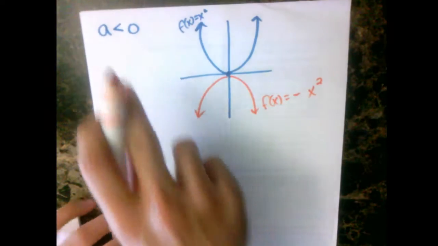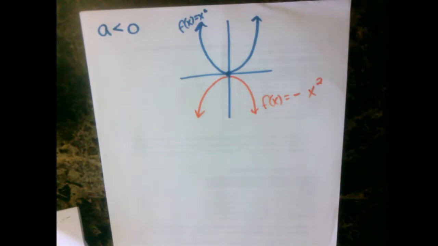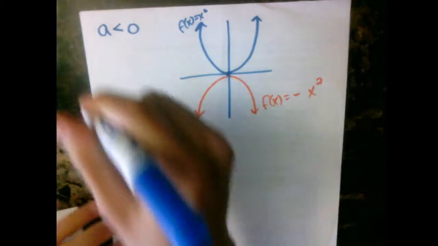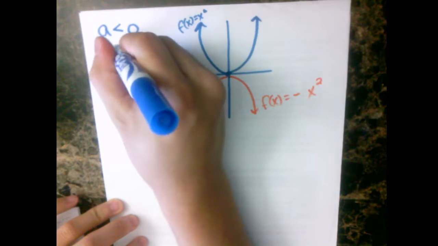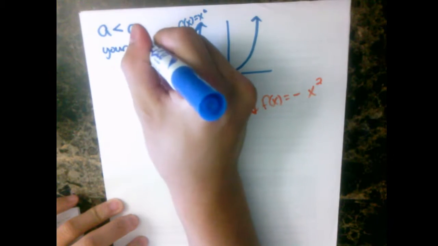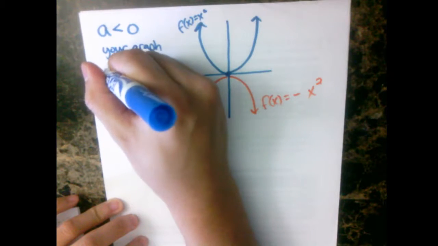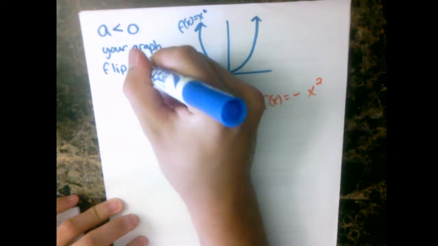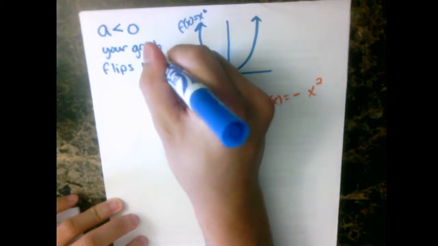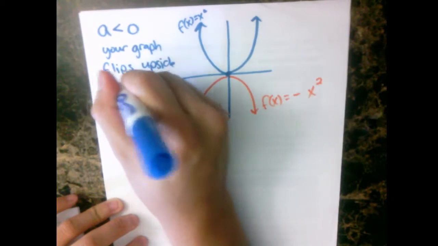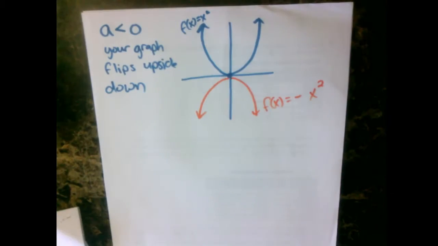So if a is less than 0, your graph flips upside down. That's all that does if a is less than 0.